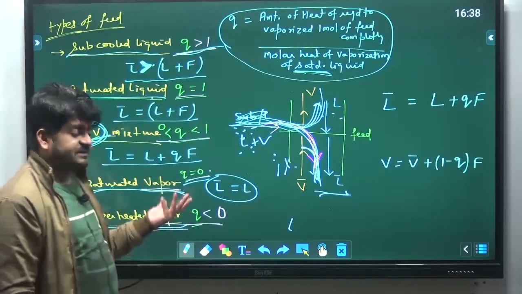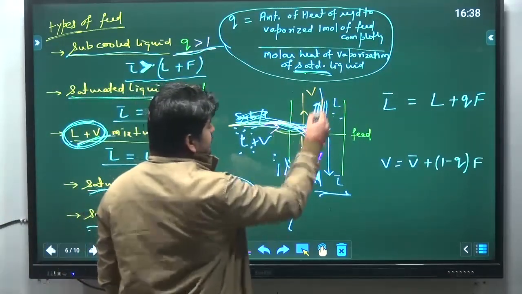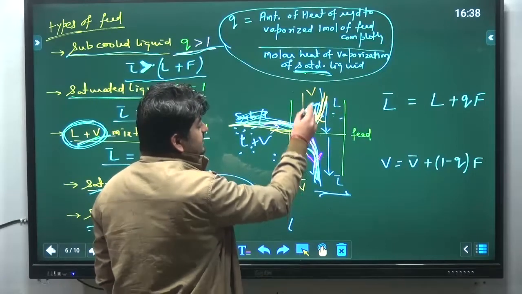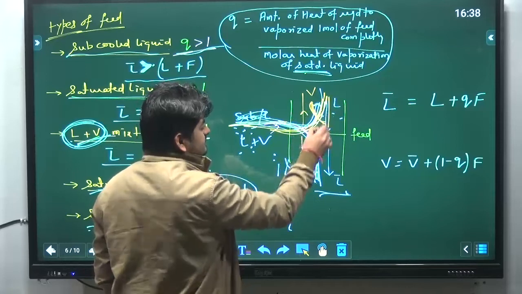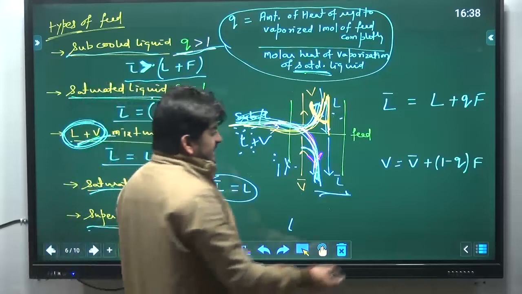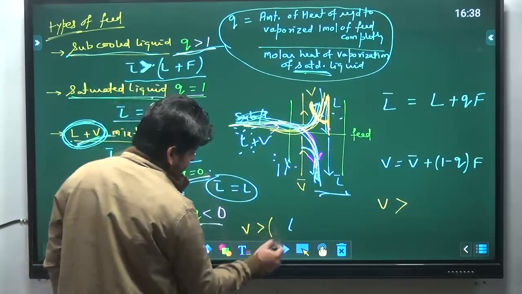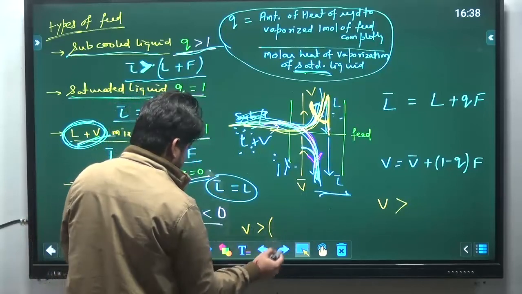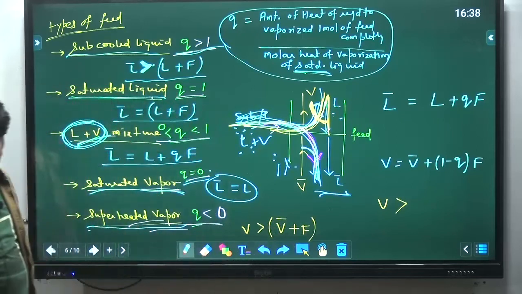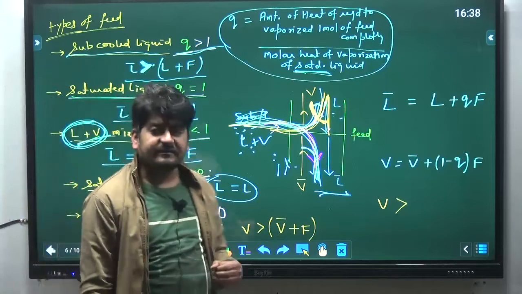And superheated vapors. Now again the logic, when we have the superheated vapor, they will go in the rectifying section and simultaneously they will vaporize some part of the liquid coming from this reflux liquid. Okay, so you can understand that V will be greater than V bar plus F. That's why Q has to be less than 0, a negative value.